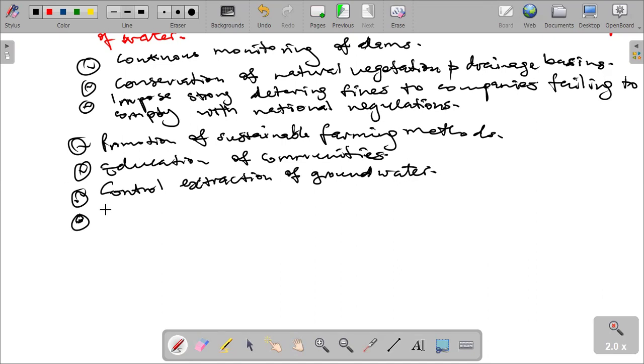Last but not least, we can also talk about frequent testing of quality of water. When water quality is frequently tested, we can ensure that the water is of good standards.